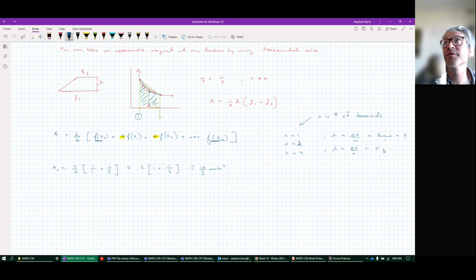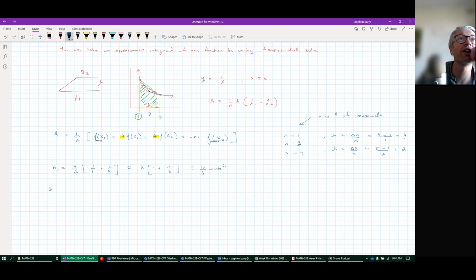It's going to be 5 minus 1 over 2. So in other words, my intermediate value here is 3, since the distance here is 2. To create equal trapezoids of height 2, that would work.